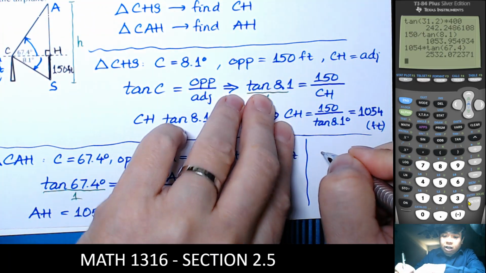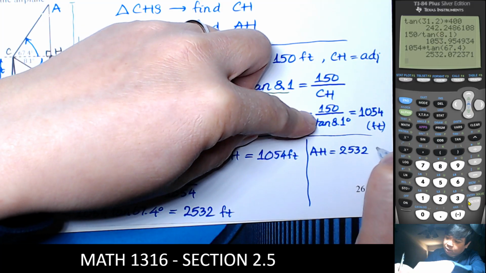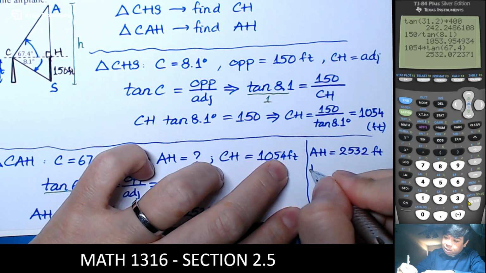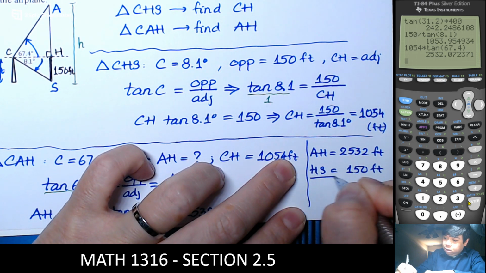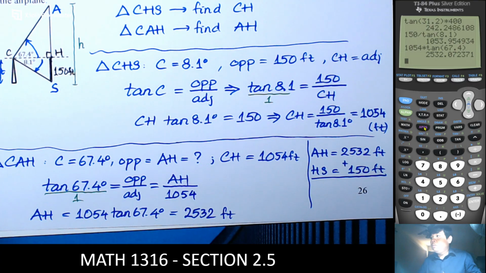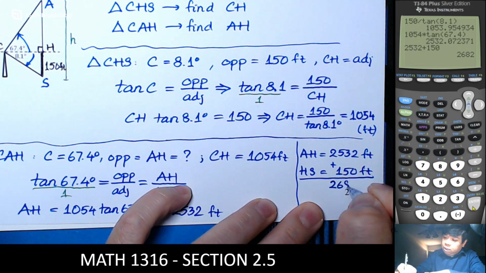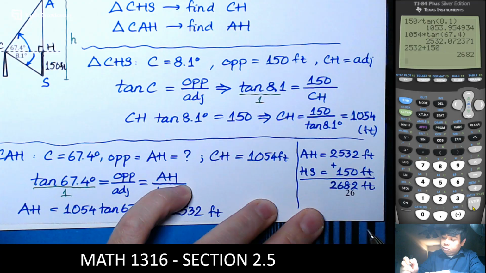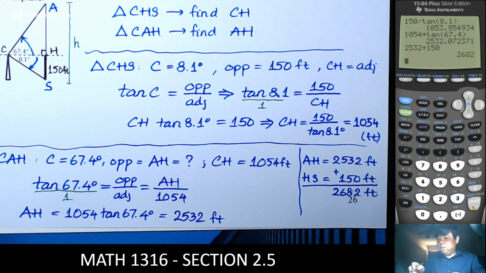So we have AH is 2,532 feet and HS is 150 feet, and we add them. 2,532 plus 150 is 2,682 feet. That's the height of the airplane from the ground. So that's what we have.